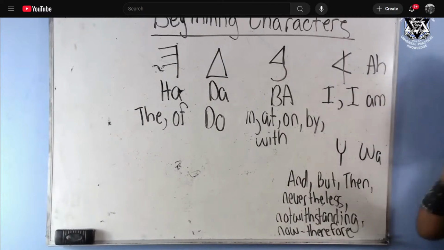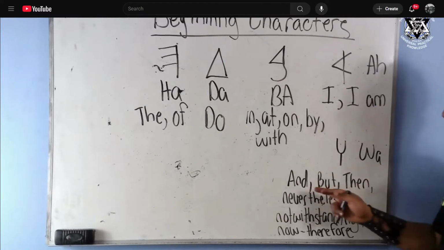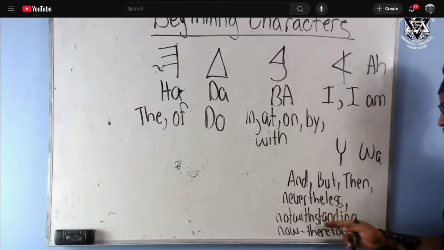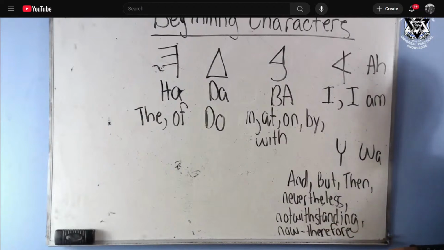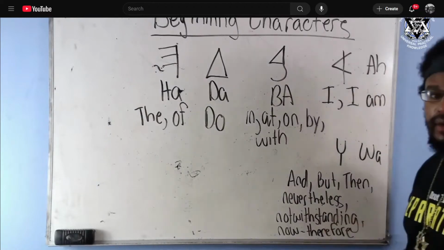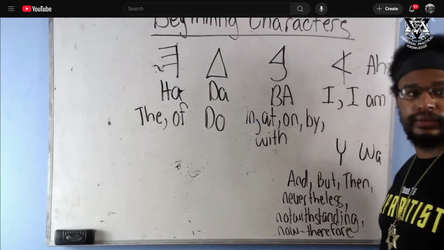So Wa means and, but, then, nevertheless, notwithstanding, now therefore. That's what Wa means at the beginning of a word.